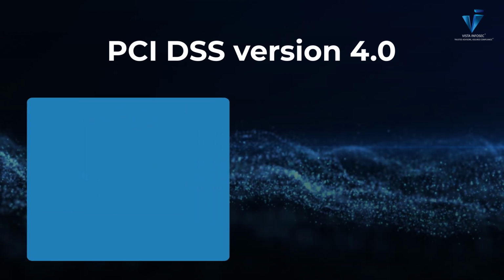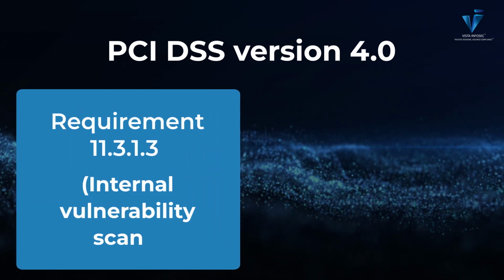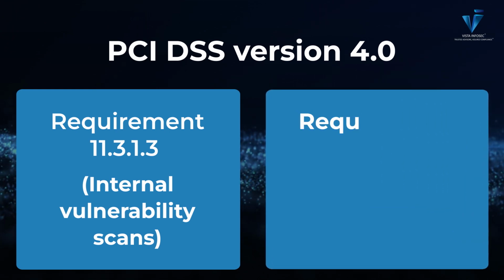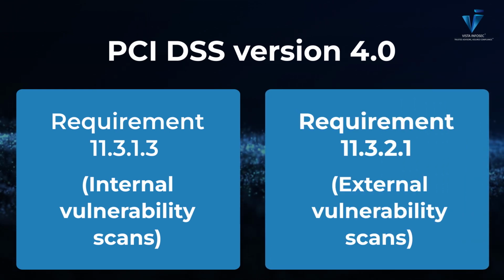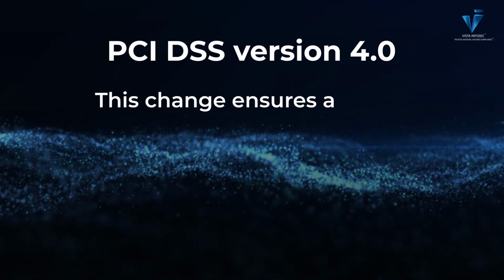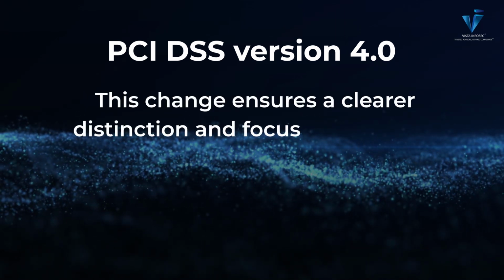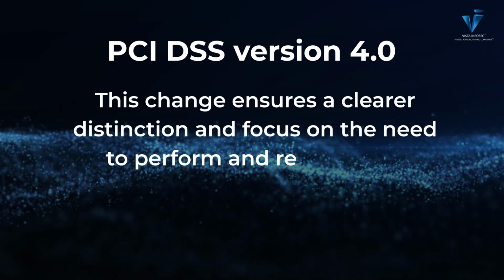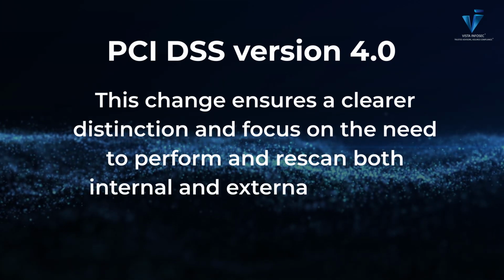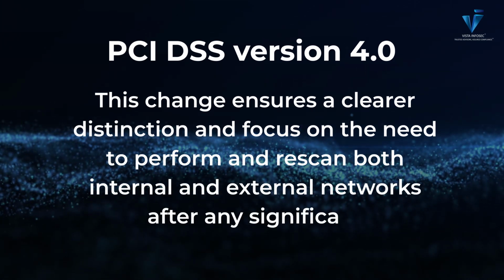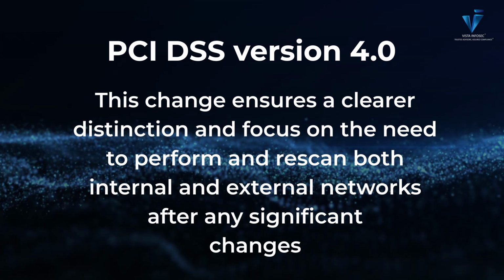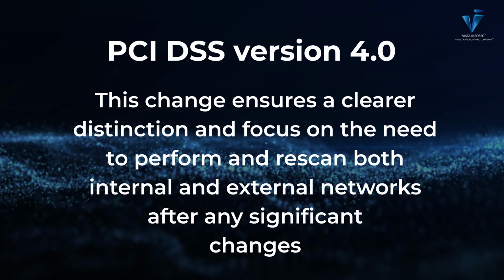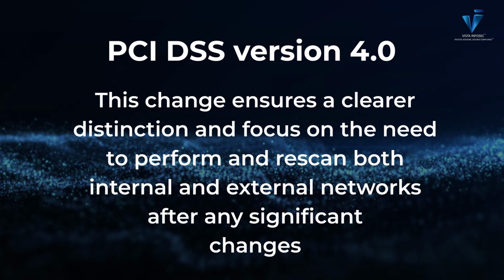One is 11.3.1.3, which is for internal vulnerability scans, and 11.3.2.1 for external vulnerability scans. So this creates a clear distinction and focus on the need to perform and rescan both internal and external networks after any significant changes.